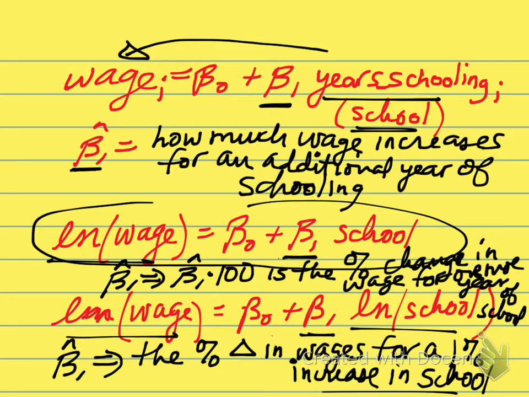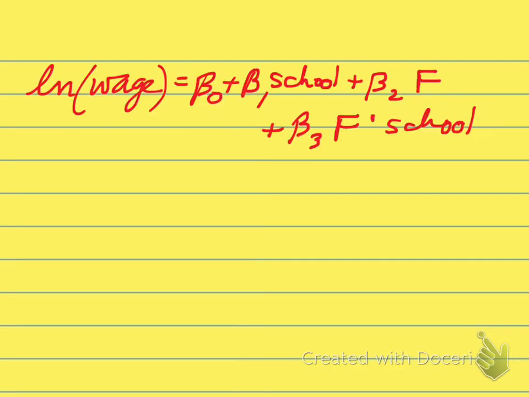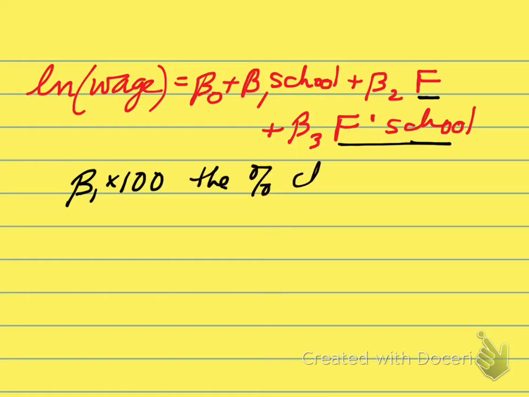We can get more complex regression specifications. For example, we could have schooling interacted with whether the person is female or not. So we include the dummy variable for female, and we include the interaction of female times school in our regression. Now the coefficient beta 1 times 100 is the percent change in wages for one more year of schooling for men.